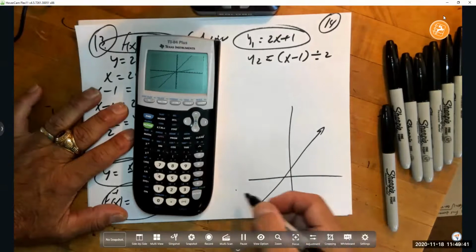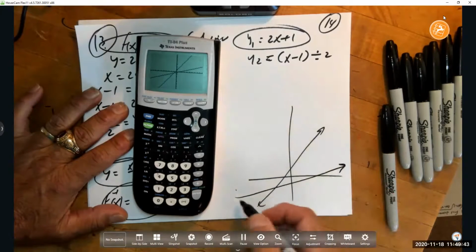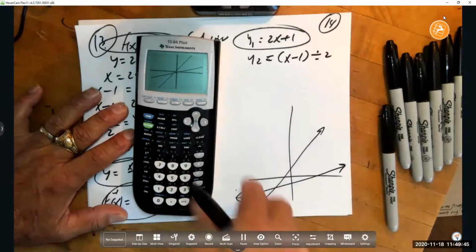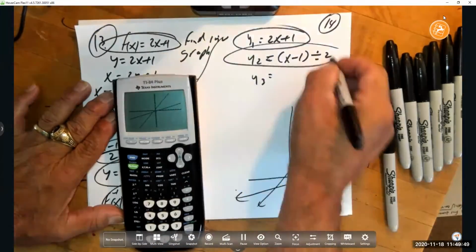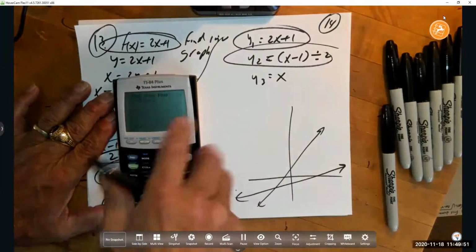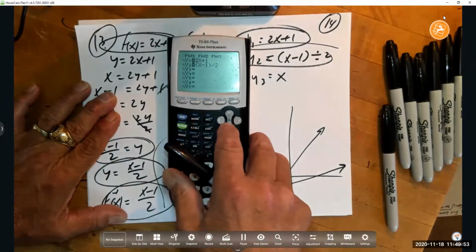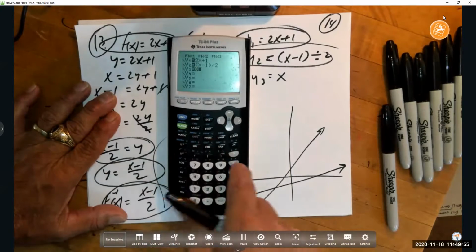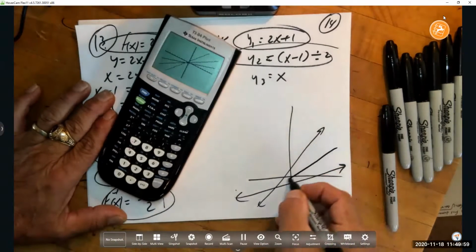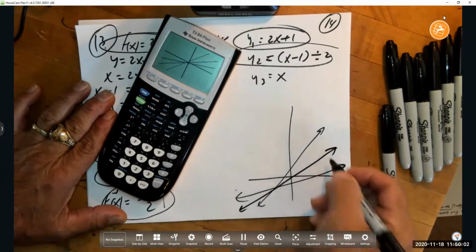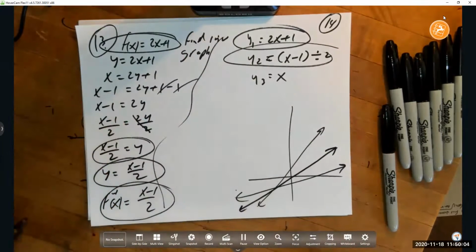Okay, it goes this way. Something like that. And then y3 is just going to be regular x. There it is. Hit graph. Yep, it's the line going through the middle. Those are the graphs for number 13.